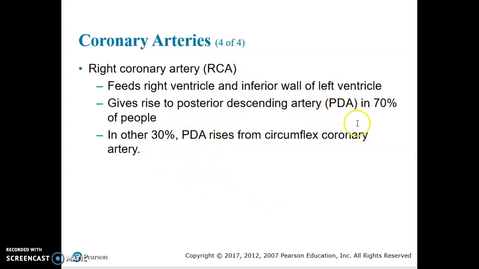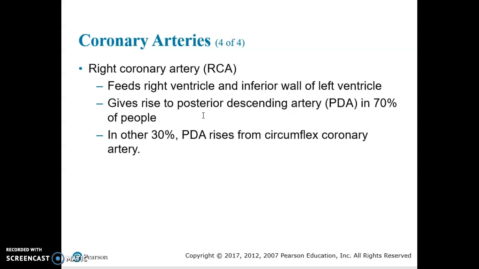But in 70% of the people, it comes from the RCA. The PDA feeds the posterior wall of the heart. If it arises from the RCA, you are right side dominant. If it arises from the circumflex, you have a left dominant heart. So that's important to know.